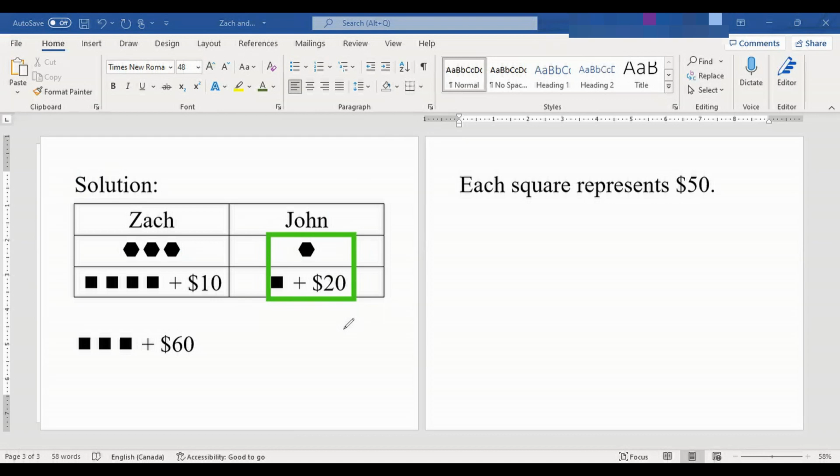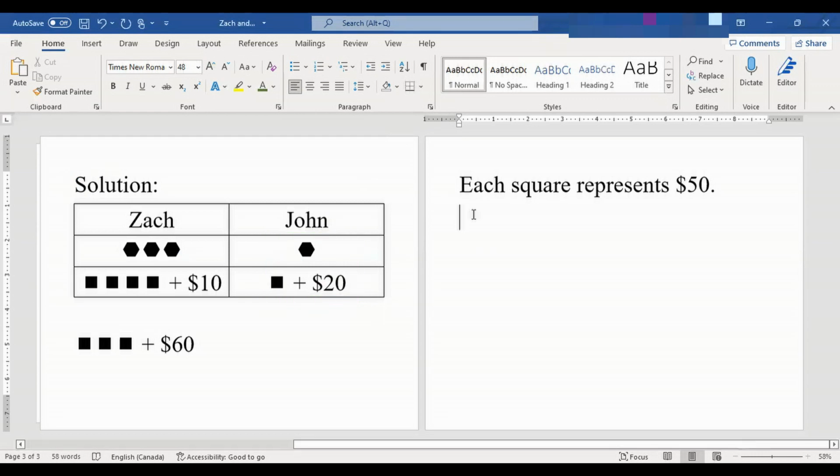So if one square plus $20 is one hexagon, and we know that one square represents $50, the second representation represents $70. And since it's equal, the hexagon must also represent $70. And this applies for each hexagon. So now we've figured out that each hexagon represents $70, which is another important finding to write down.